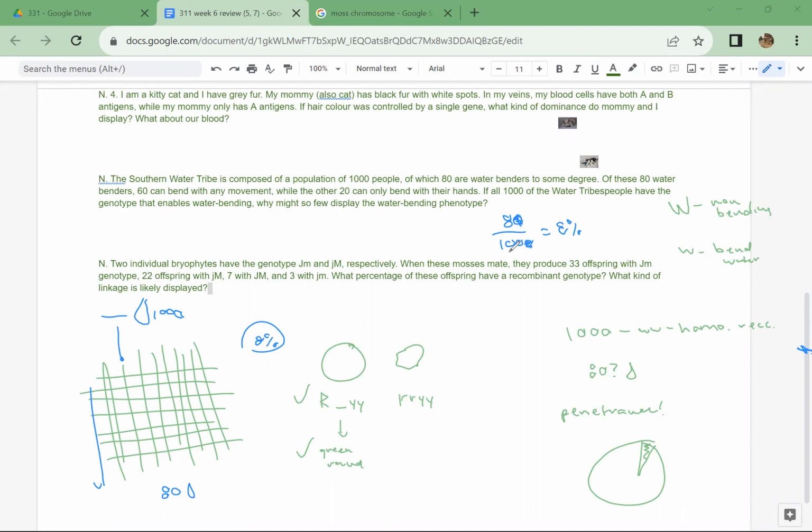Math, 8 out of 100 is 8%. I didn't ask for it in the question, but I could see an exam question where you're asked exactly this: there are 80 people who expressed some trait out of 1,000. What is the penetrance of that trait?